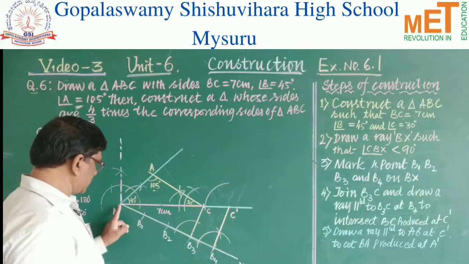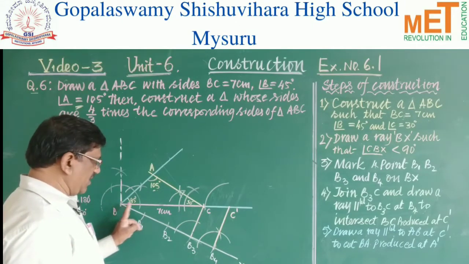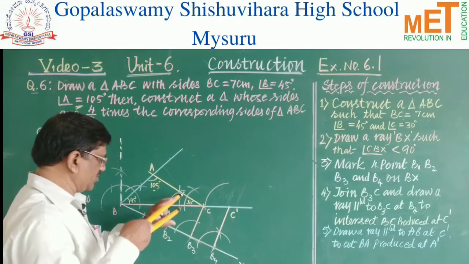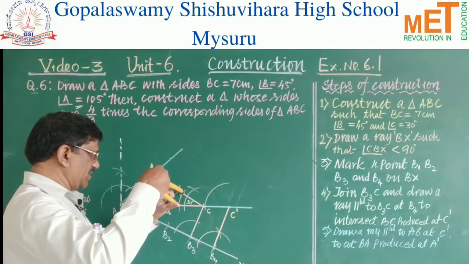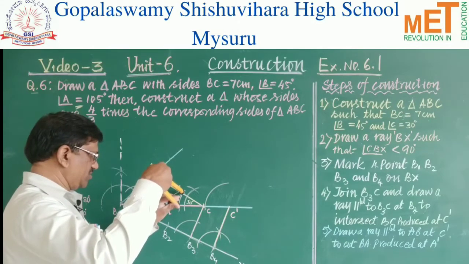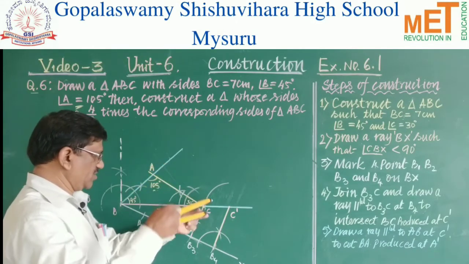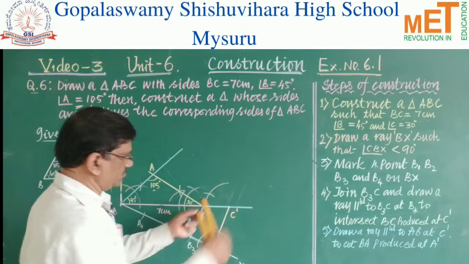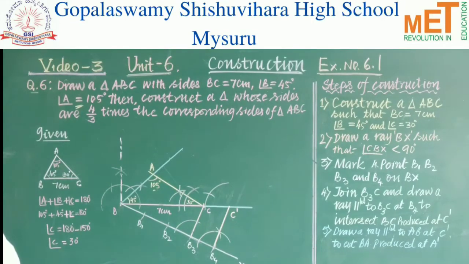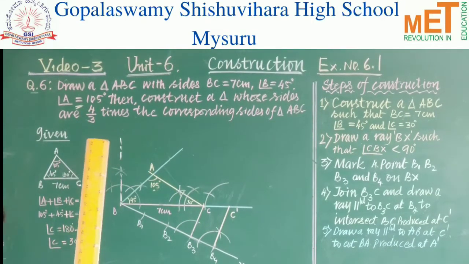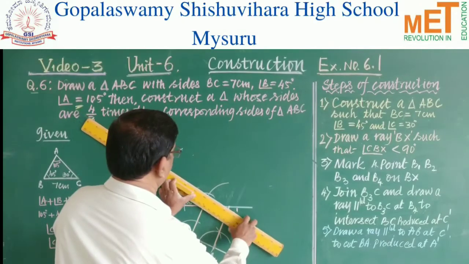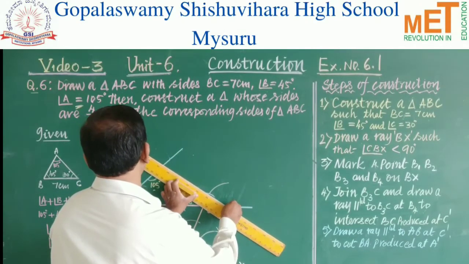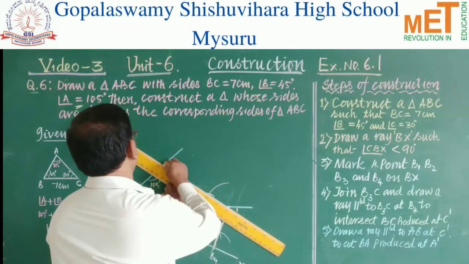That is the distance between BC and AC. By using compasses, you measure it like this. With this measurement, with this point as center, draw arc. Okay. Then afterwards, you join the point of intersection with C dash.